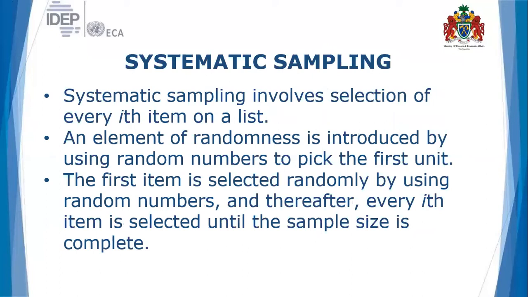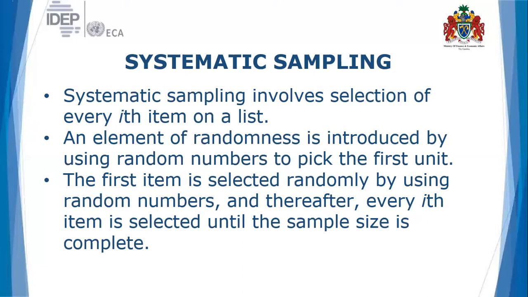Then let's move on to systematic sampling. Systematic sampling involves selection of every ith item on a given list. That means an element of randomness is introduced by using random numbers to pick the first element or unit.